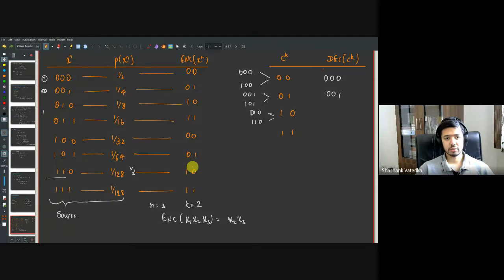But one suggestion was that we should map 00 to 000, because the probability of this occurring is more than the probability of this occurring. The probability that the true sequence was 000 is half, but the probability of occurrence of 100 is only 1 over 32. So at least if I always select 000, then there's a lower probability that I'm going wrong.